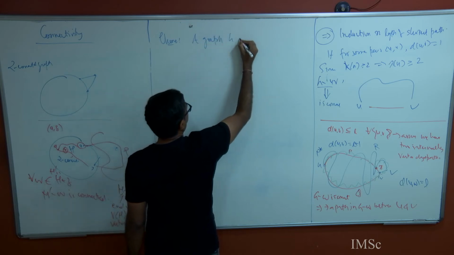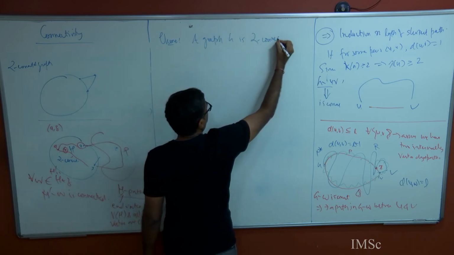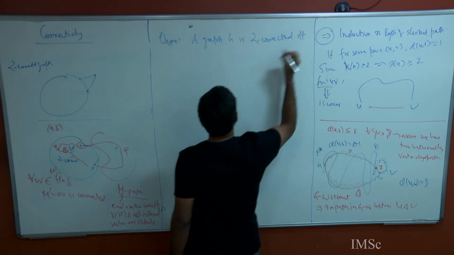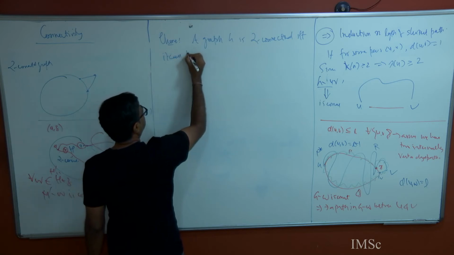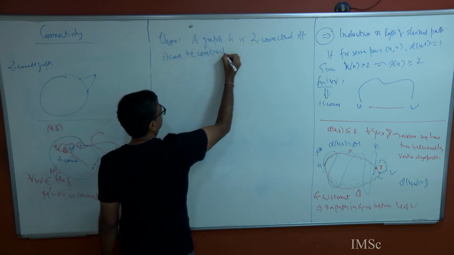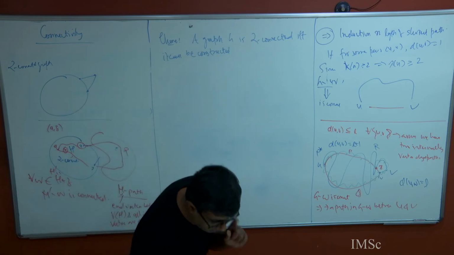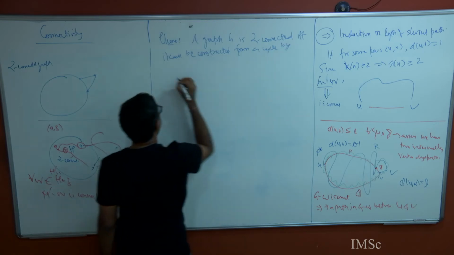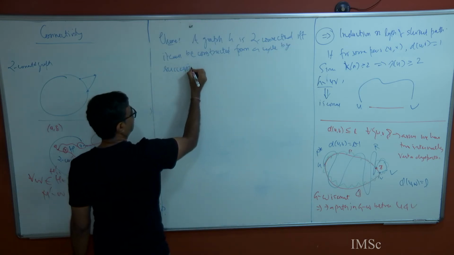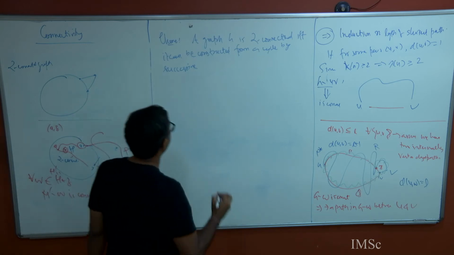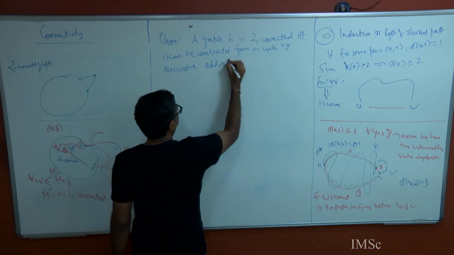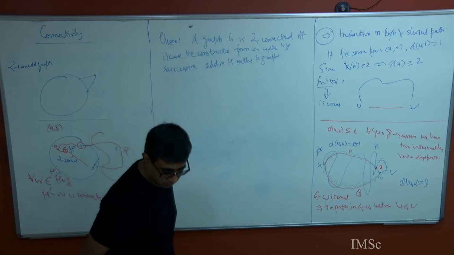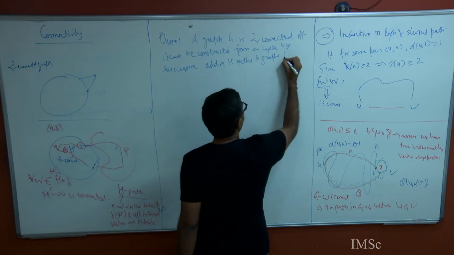A graph G is two connected if and only if it can be constructed from a cycle by successively adding H paths to graphs H already constructed.